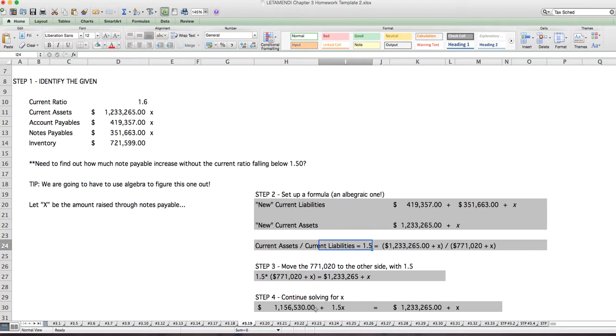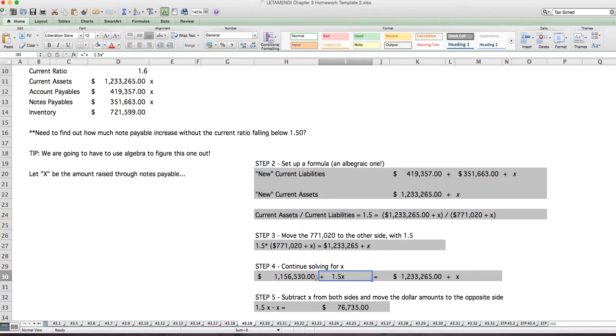The reason this is 1.1 million is because we take the 1.5, using algebra, not my favorite subject in the world by the way, and multiply it by 771,000, and that's where you get this. And when you multiply the 1.5 by the x, you get 1.5x.